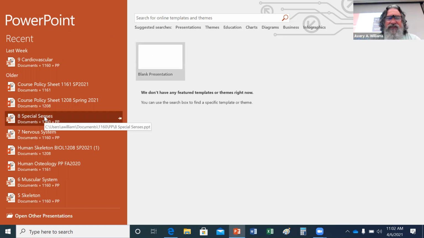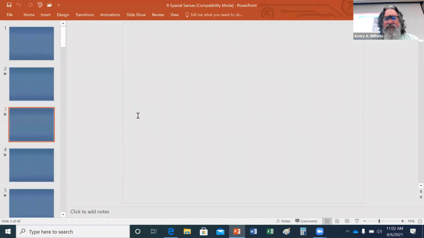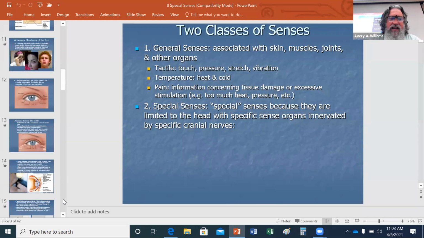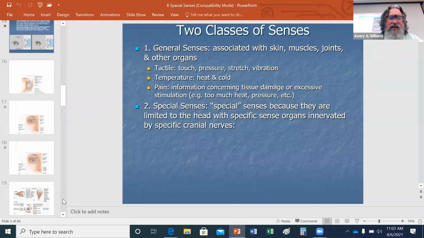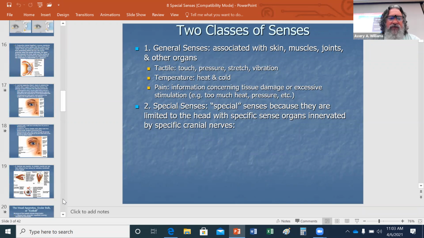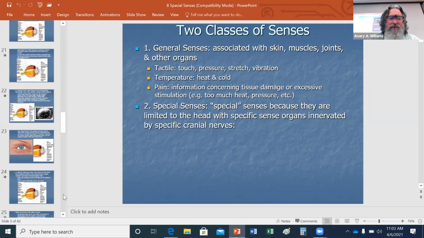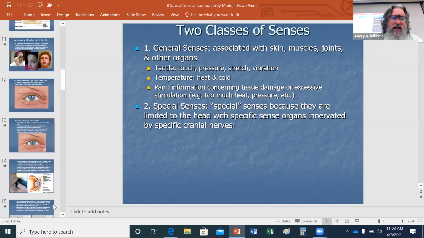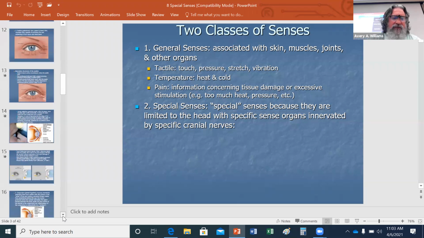Let me show you this. Let me open up the stuff about the eye. It's the accessory structures of the eye. Oh, right here.